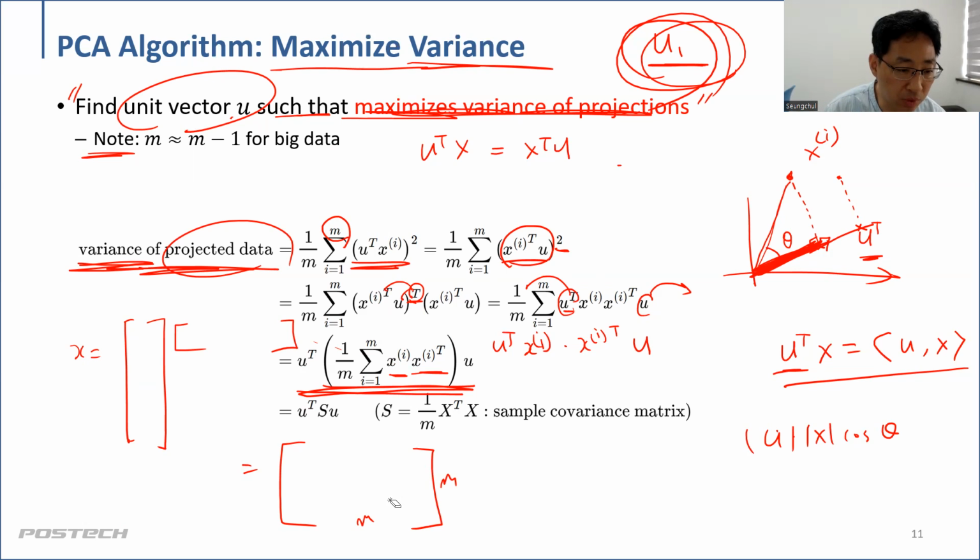No, I'm sorry, it's an n by n matrix, because we have n and n. Those are the dimensions. An n by n matrix.